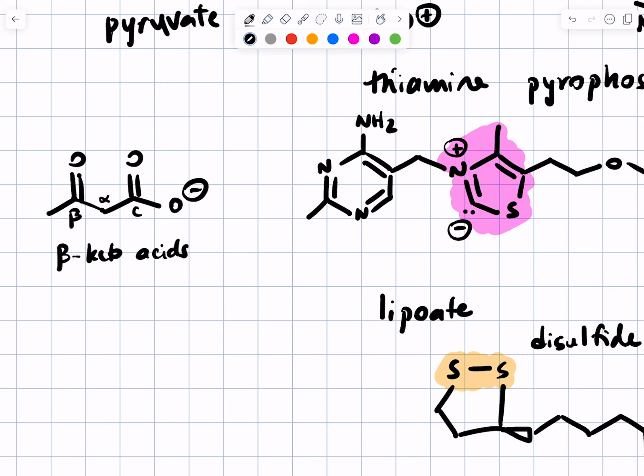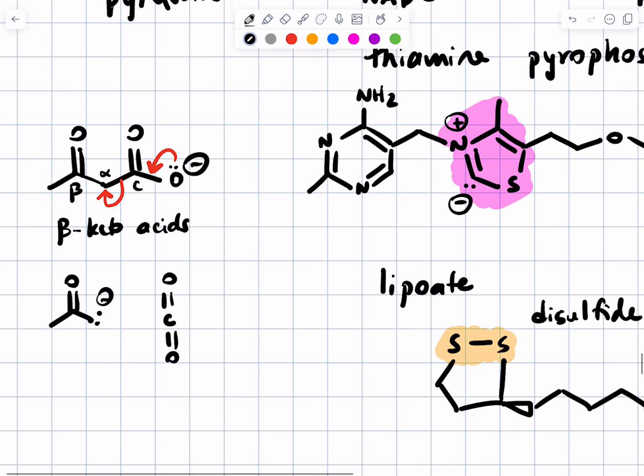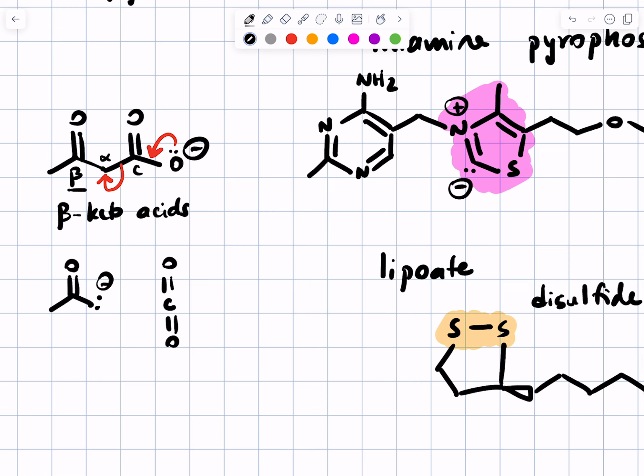The reason they undergo decarboxylation is that when the electrons kick down, you can leave the electrons from the bond between the carbonyl carbon and the alpha carbon on the alpha carbon, and that's a decent enough leaving group because of the influence of that carbonyl on the beta carbon.